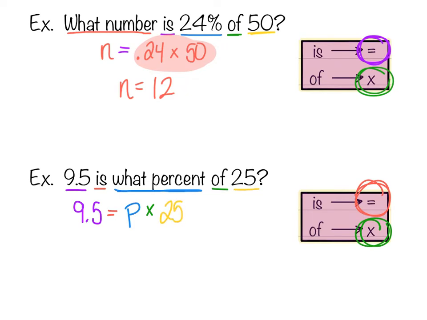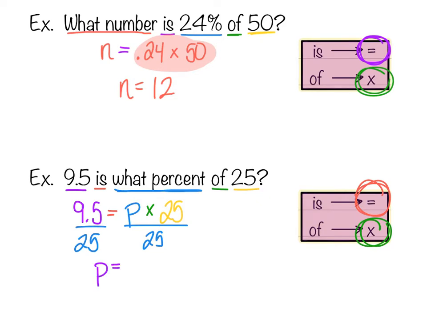So this time, p, the variable, is not by itself. So what we need to do to get it by itself is divide both sides by 25. We need to get rid of the 25. The 25 is multiplying the p, so we're going to divide by 25. And 9.5 divided by 25 gives you the answer 0.38.